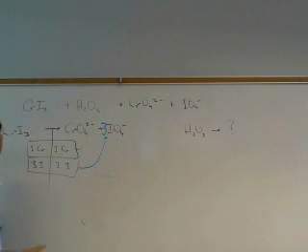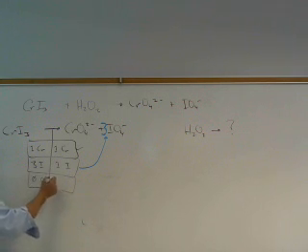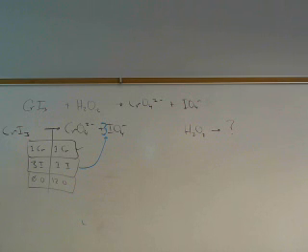Now we have 3 iodines. And then we go to oxygen. 0 oxygens. 3 times 4 is 12 oxygens. And so we will add 12 waters. 12 H2O.